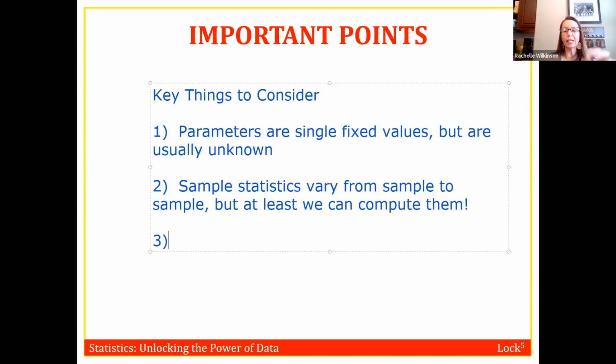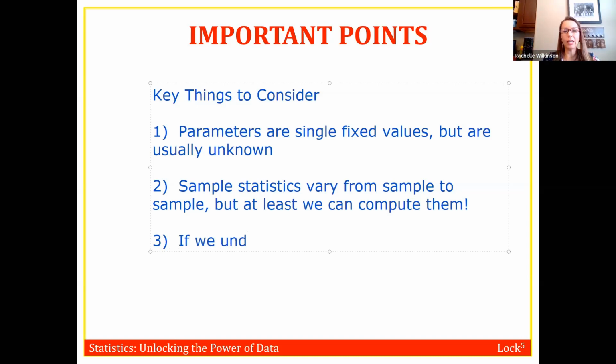Taking these ideas together, if we can understand how much a sample statistic varies from sample to sample, then we'll be able to figure out how close our sample value is likely to be to the parameter value. And we're going to use that information to estimate the parameter value.